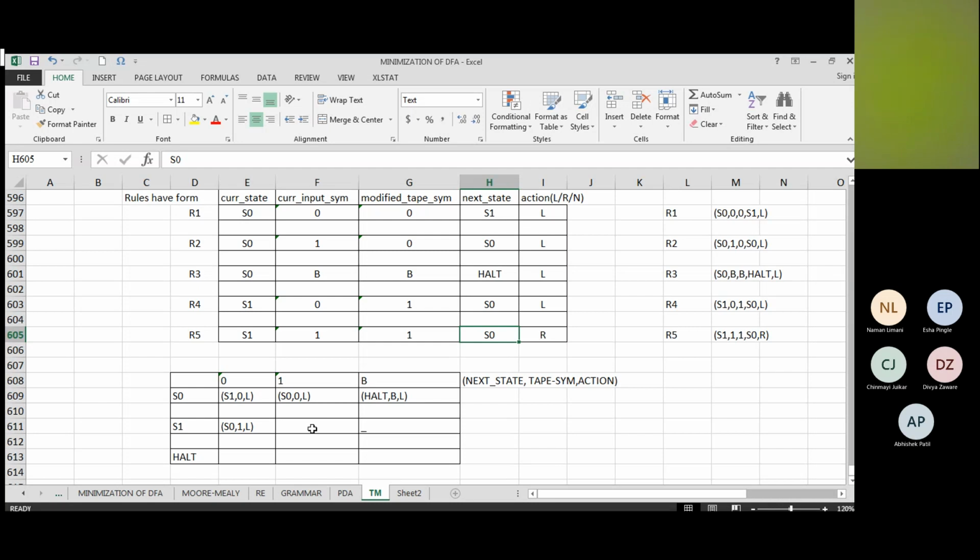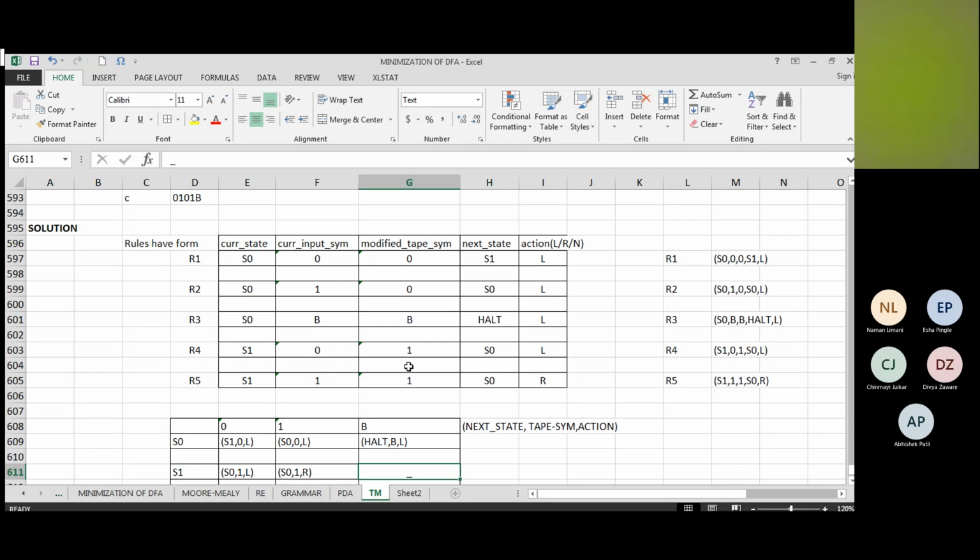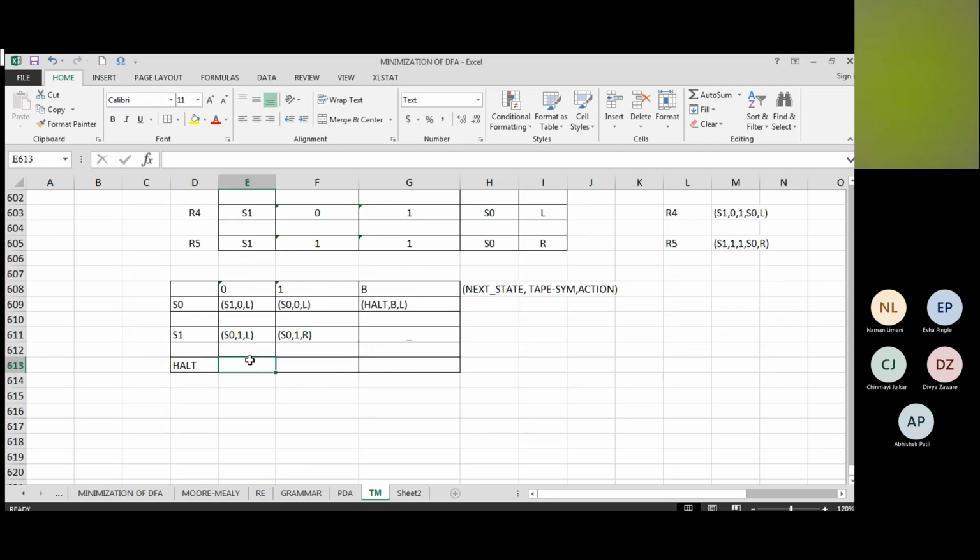It goes to S0, 1 is kept as it is. Action taken is move to R. This is marked as dash. From halt, nothing is listed. Everything is marked as dash.